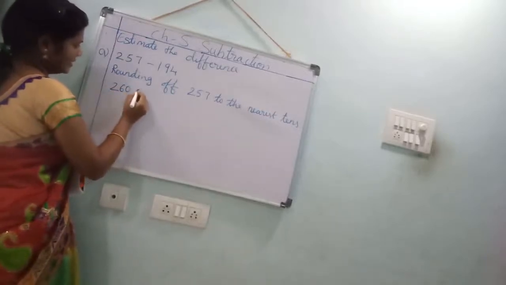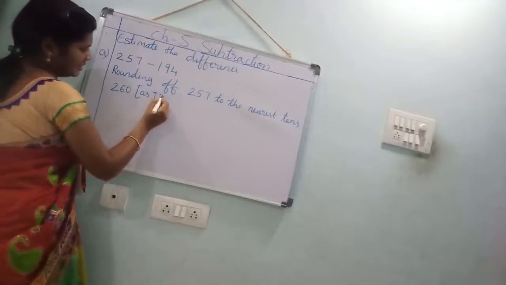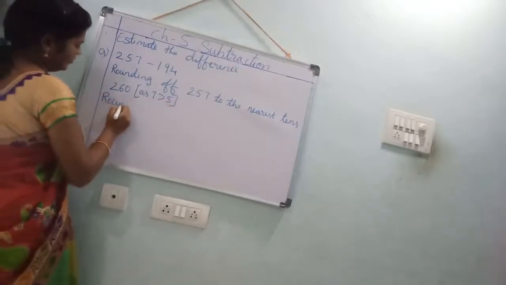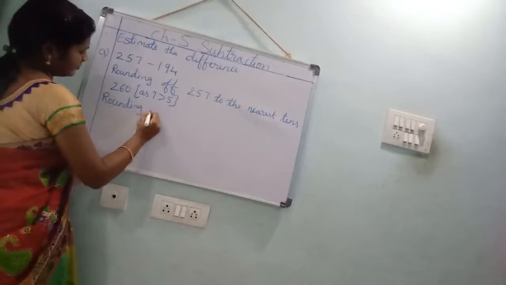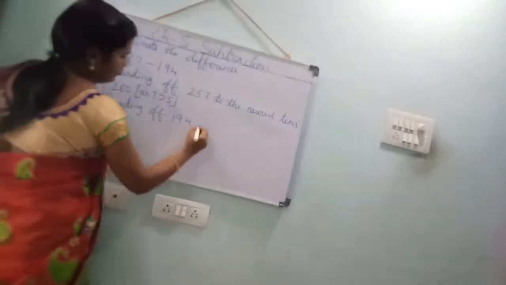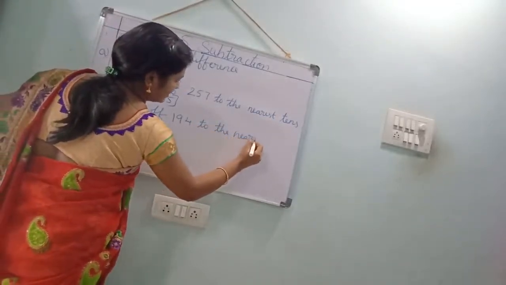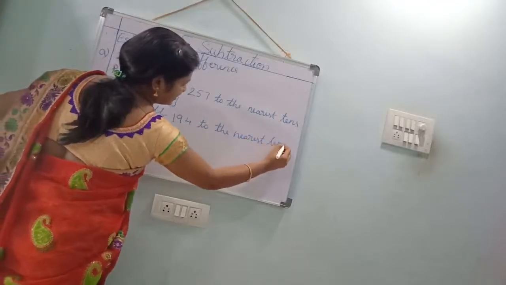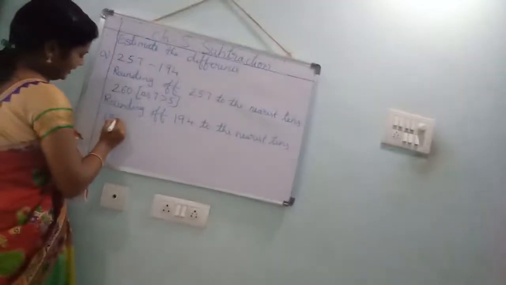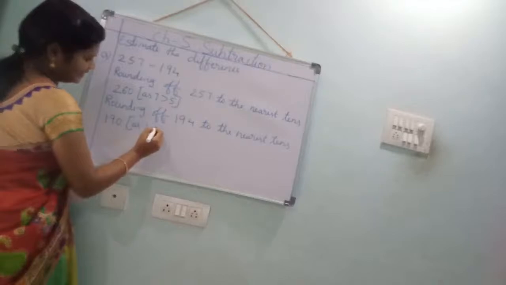57 to the nearest, which number will come? 260, as 7 is greater than 5. Again rounding off, what is that number? 194. 194 to the nearest tens. 194 to the nearest tens is 190, as 4 is less than 5.